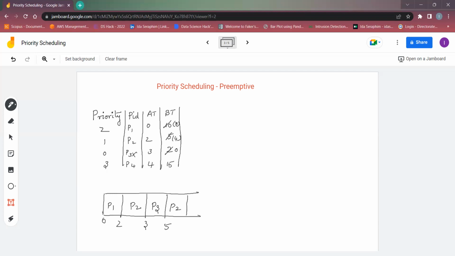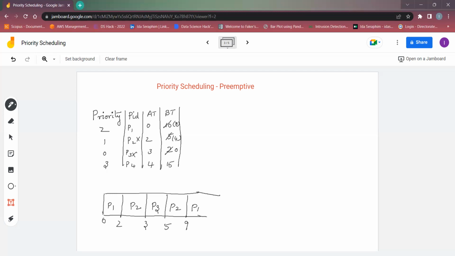P2 has 4 more milliseconds left, which will be executed now. So 5 plus 4 is 9. After this, P2 is over. P1 and P4 are left. Of these, P1 has the highest priority, so P1 will be given the CPU and will complete its execution.